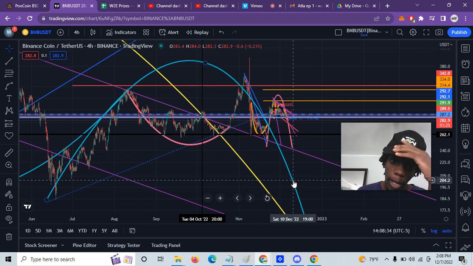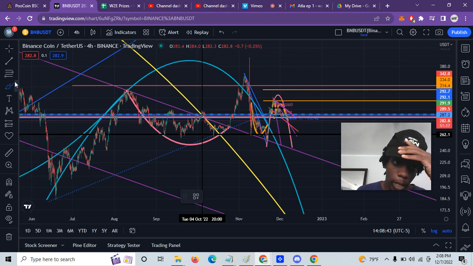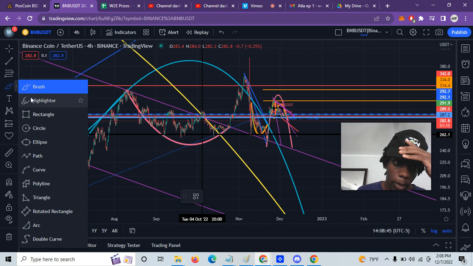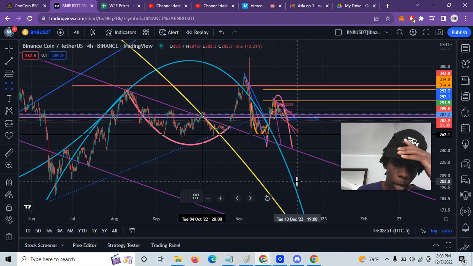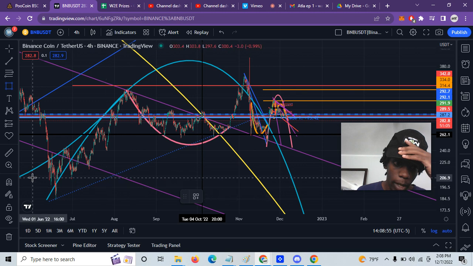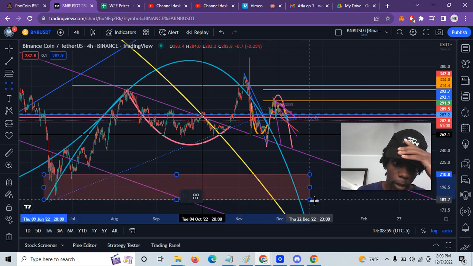And if we do go right here, guys, because even just look at here. If you guys know what a supply zone is, I'm not going to explain it for the sake of the video, it's getting quite long. So look at here. If price does drop, which looks to be around 195 to 210, that's exactly right here.